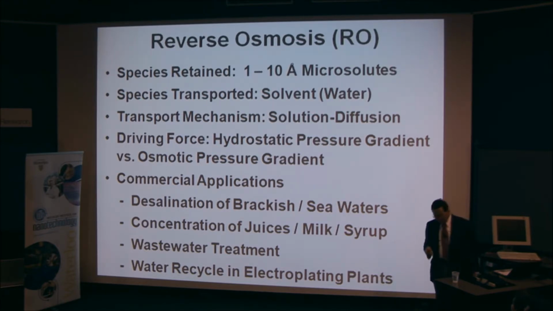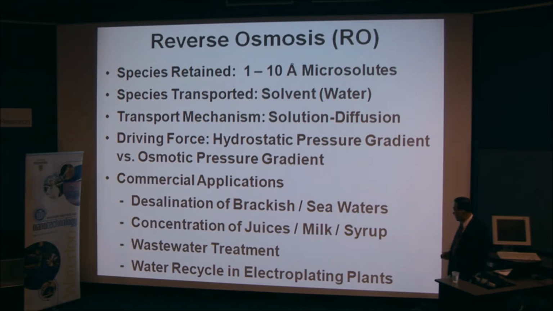And so we hope to produce high purity water. The transport mechanism is still the so-called solution diffusion mechanism. And the driving force is the applied pressure minus the osmotic pressure. That provides the driving force.